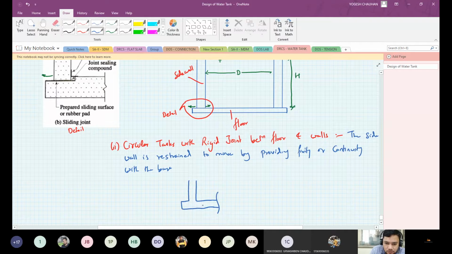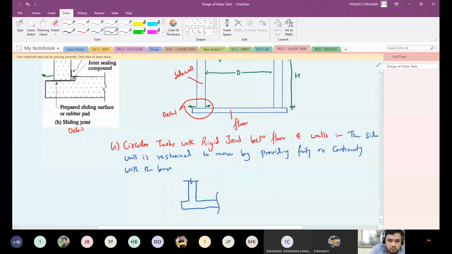The steel from the base or the floor goes into the side wall, and proper anchorage is provided so that it behaves as a rigid joint. So this joint is a rigid joint.